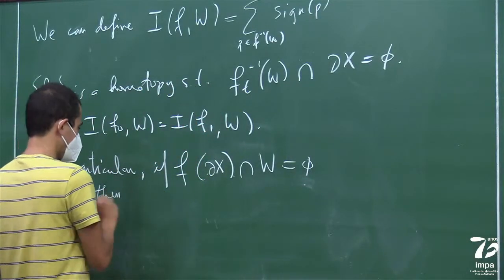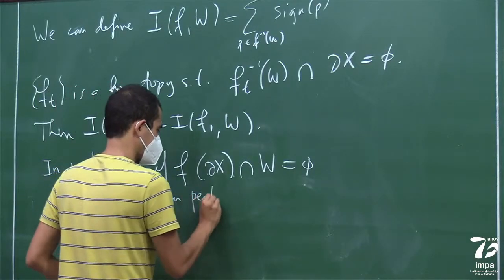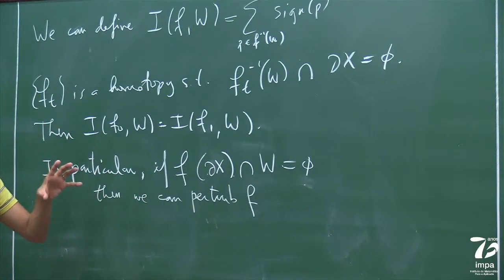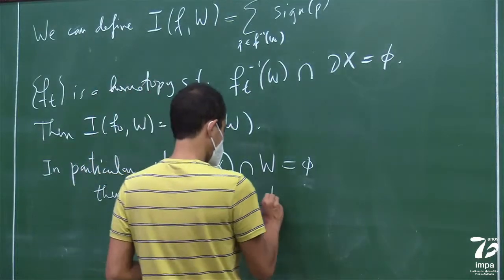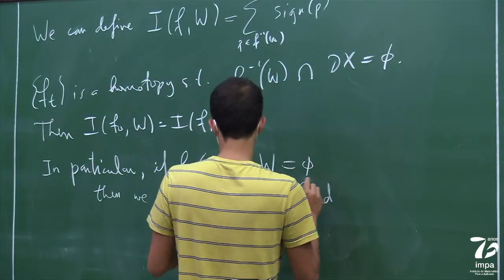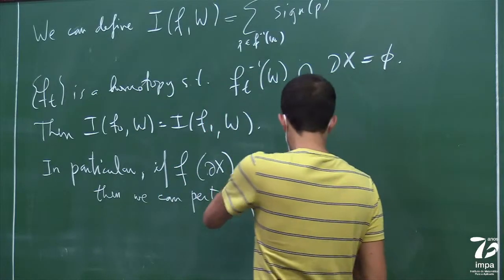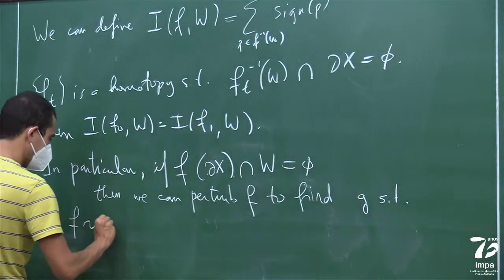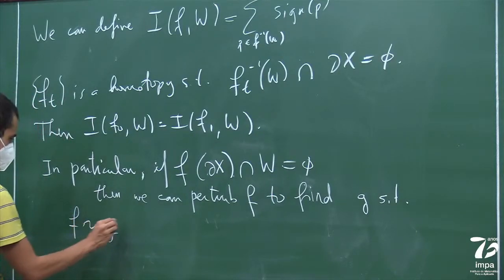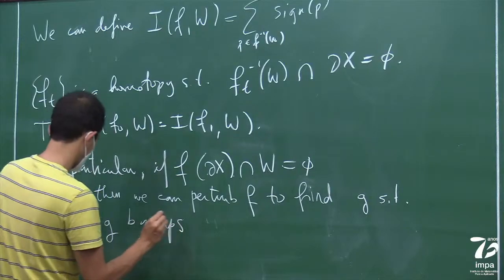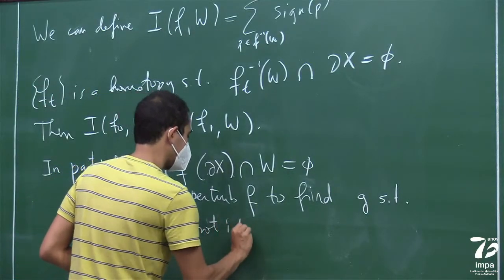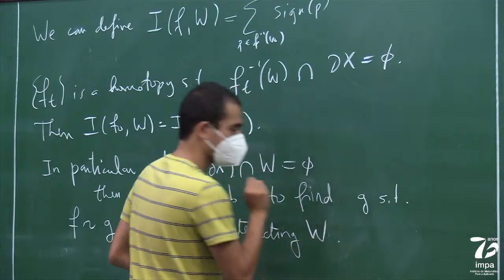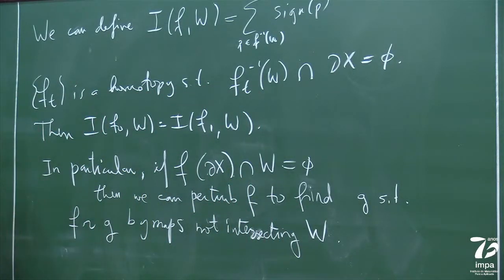Then we can perturb f and find something, because the complement of W is open, then we can find a g such that f is homotopic to g by maps not intersecting W.